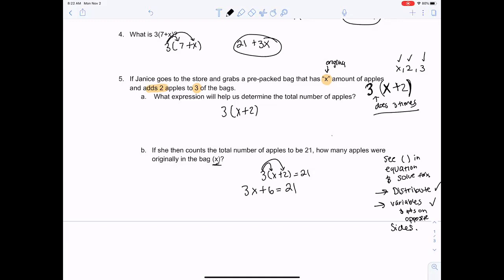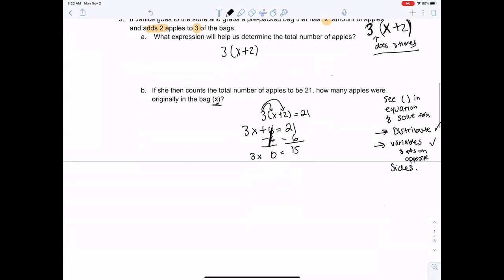So if I want to get rid of the 6, I have to do the opposite operation. What is it? Subtracting by 6. This cancels, and then I do that to both sides. 21 minus 6 is 15, and I have 3x. So that you can see it, I have 3x equals 15.